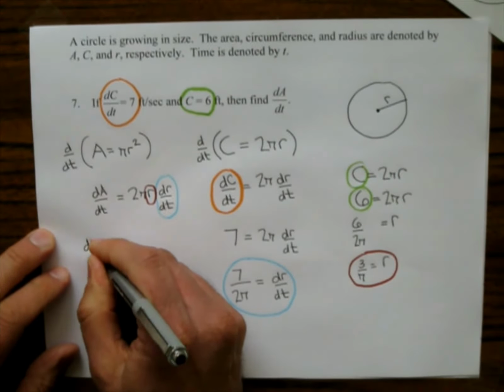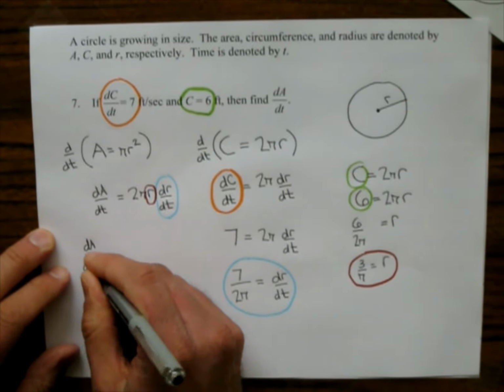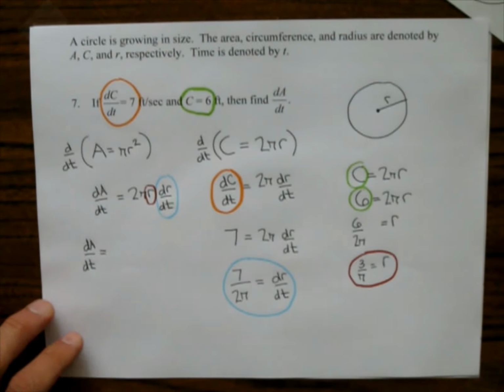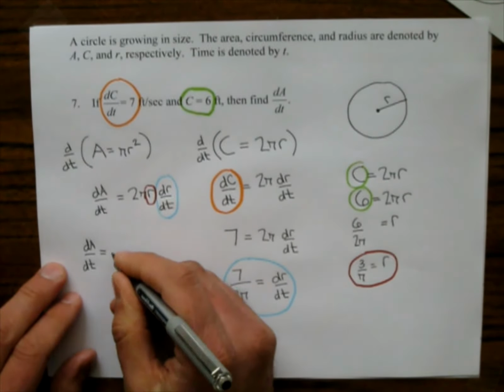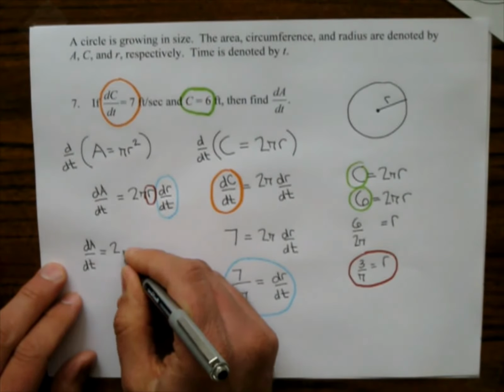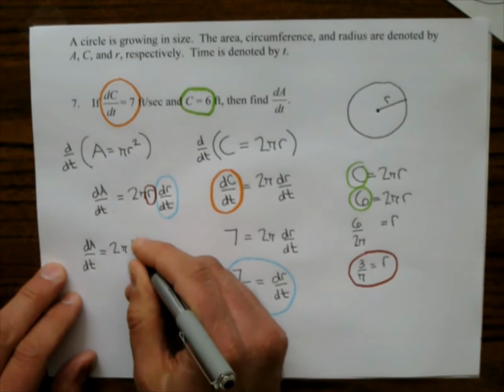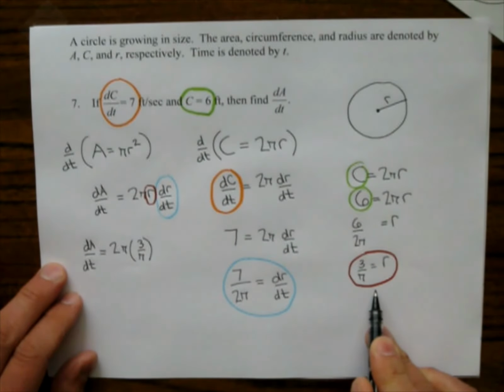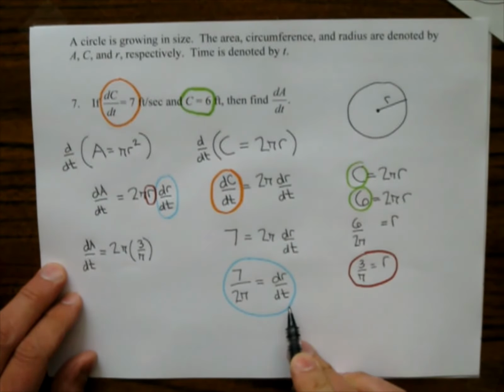Okay, dA dt. This is the change in the area with respect to time. We have 2 pi. The radius is 3 over pi. We see that right there. And dr dt is 7 over 2 pi.